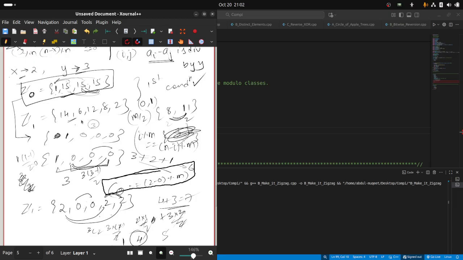If both the modular classes are equal to each other, then 1 0 0 0, how many pairs are formed? I need to consider only a single time. Else, I need to consider both pairs union.